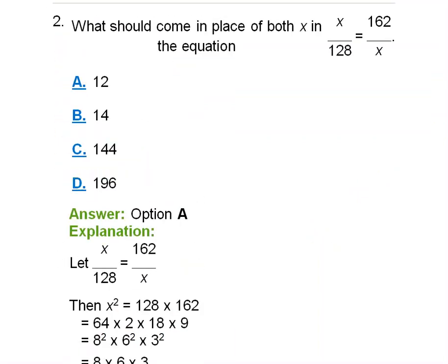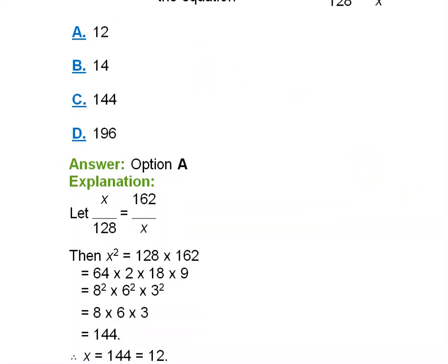What should come in place of both x in the equation? x by 128 equals 162 by x. So we consider x by 128 equals 162 by x.